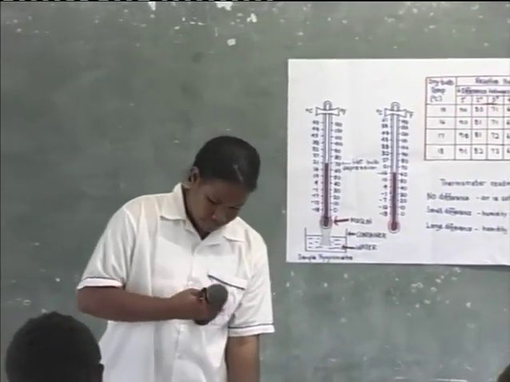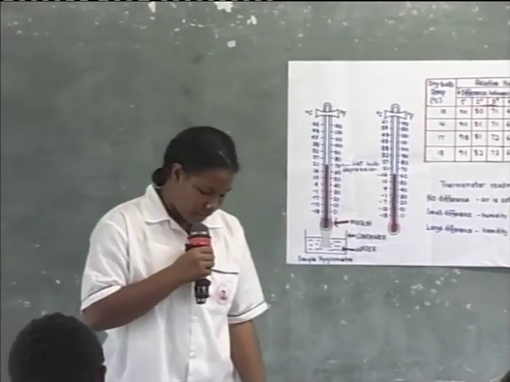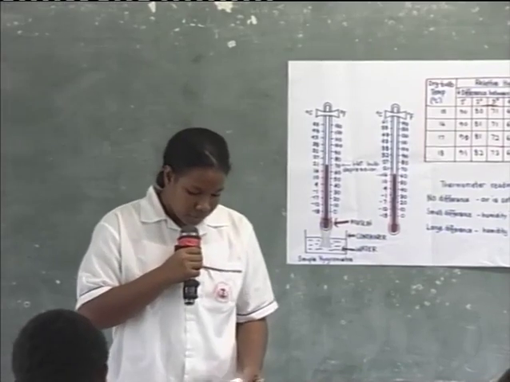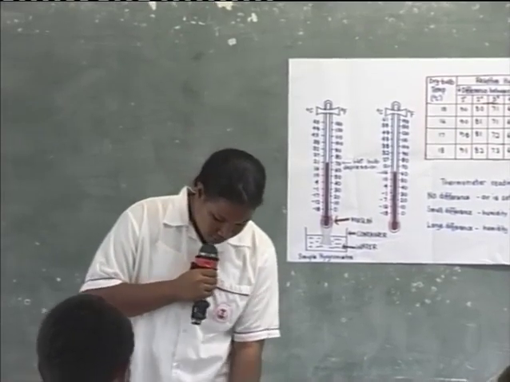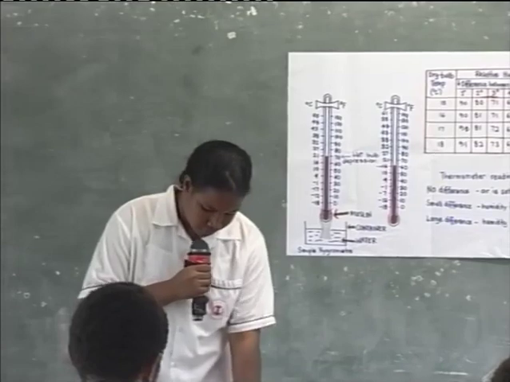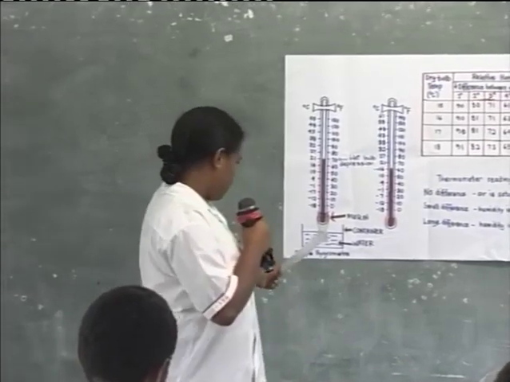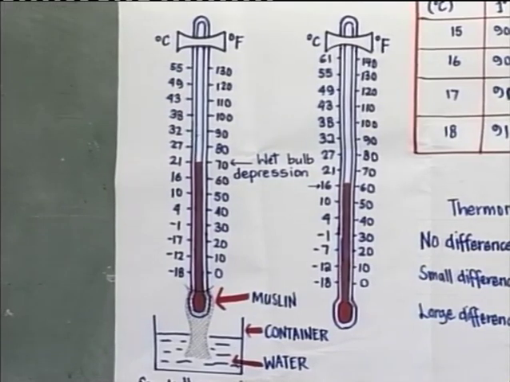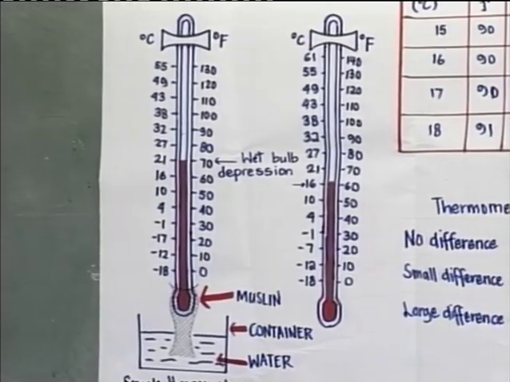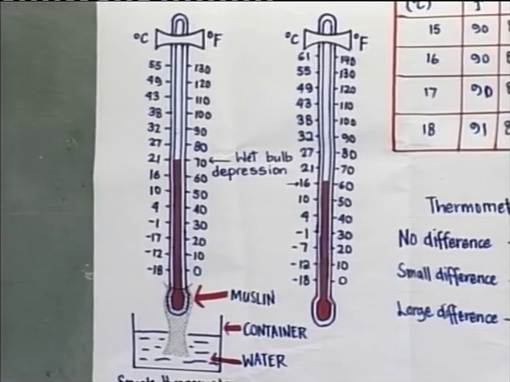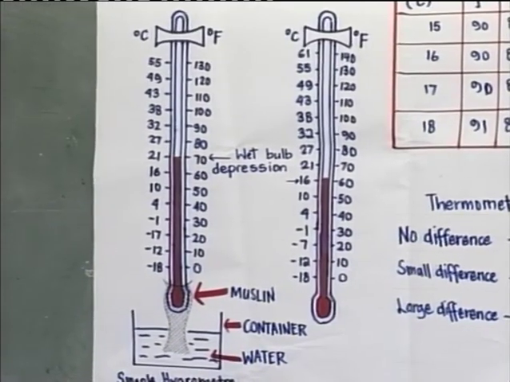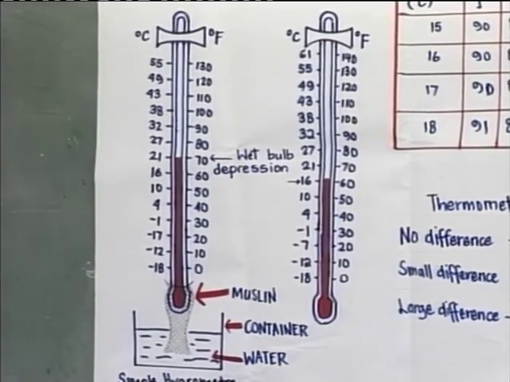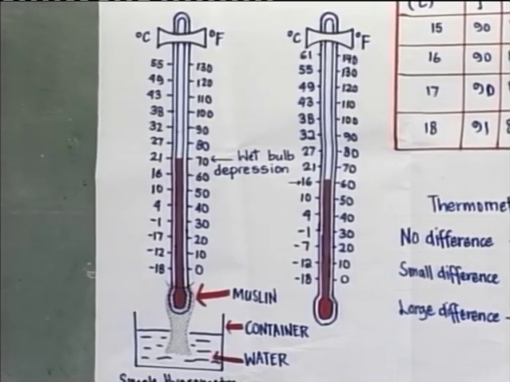Okay, I'm going to talk about how you read the hygrometer. When the air is not saturated, the water evaporates from the muslin. This cools the wet bulb and causes the mercury to contract. The dry bulb is not affected in the same way, so the two thermometers show different readings.